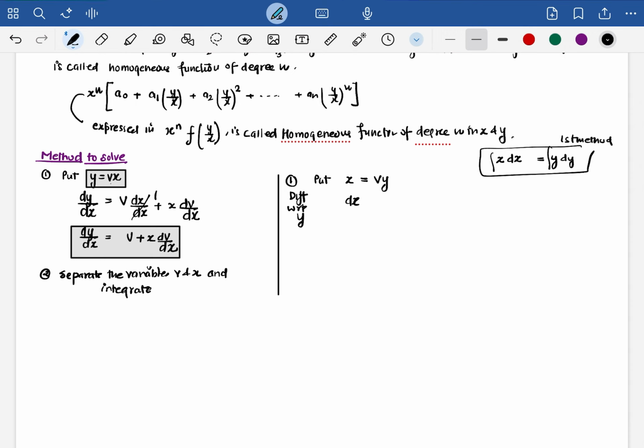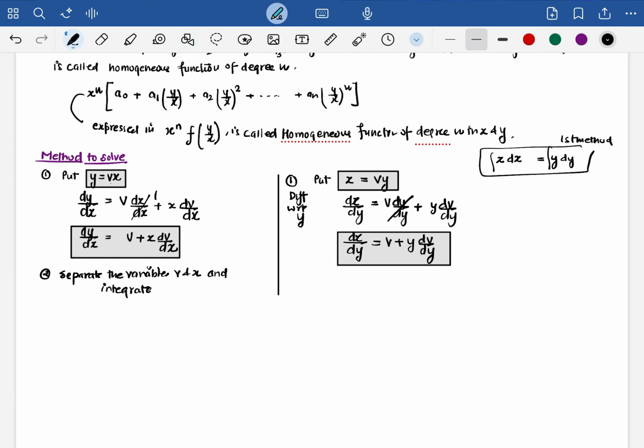So dx/dy is replaced by v dy/dy plus y dv/dy. The first part cancels, so dx/dy = v + y dv/dy. The next step is to separate the variables v and y, and integrate.